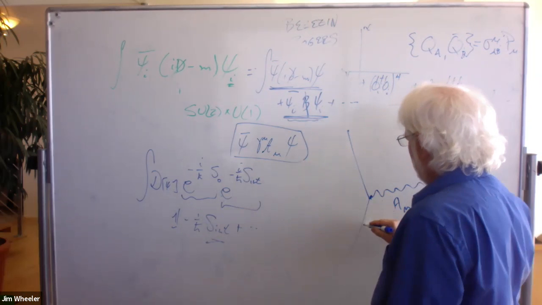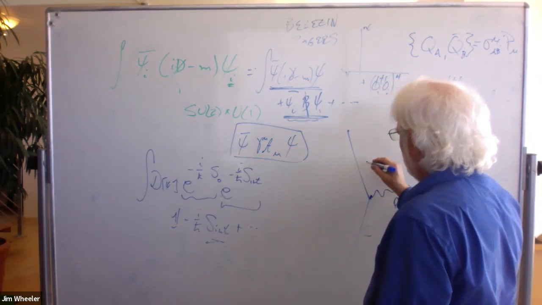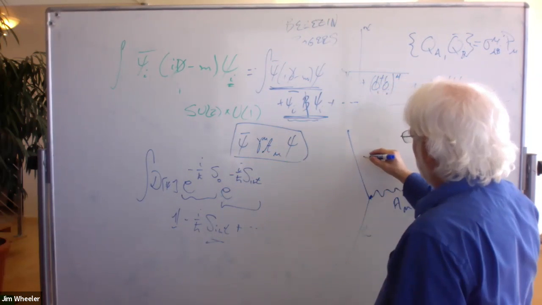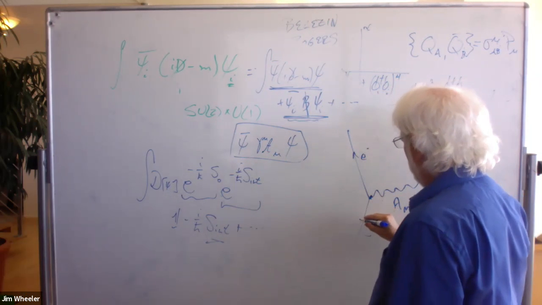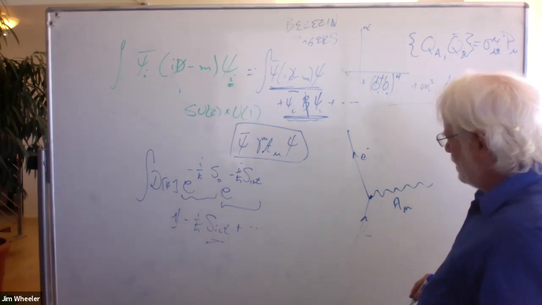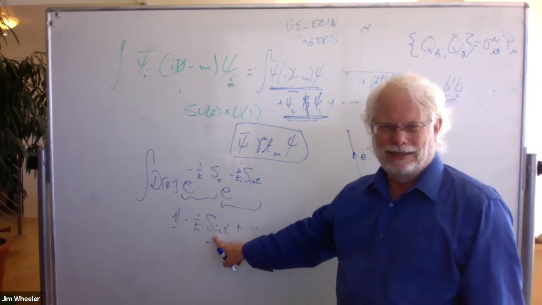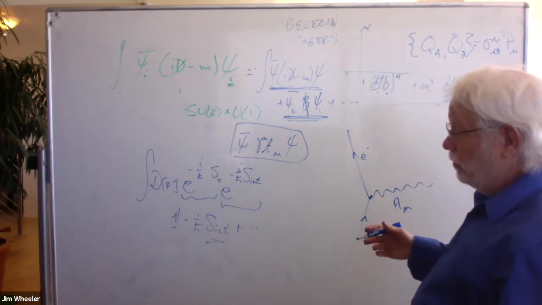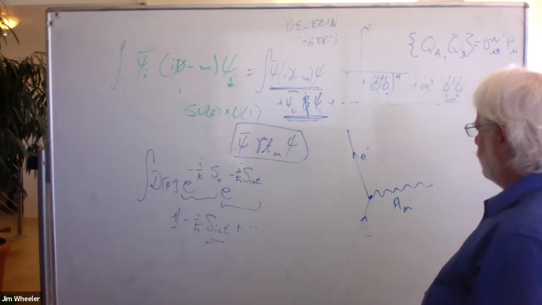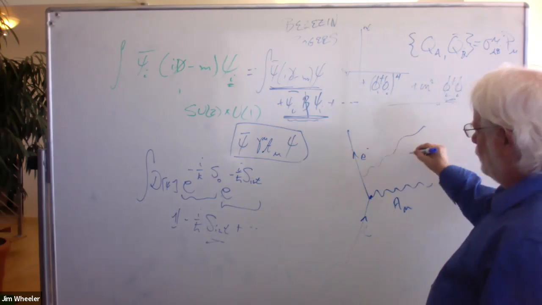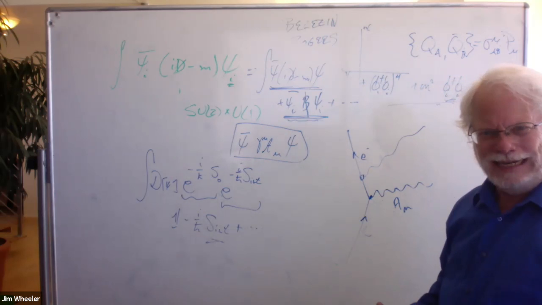So, this is an electron comes in, this is a positron comes in or an electron goes out. And you end up with something like this. Well, that's first order in perturbation theory. And you should say, actually, I'm going to go to quadratic order here. You could have two photons come off, something like that, right?